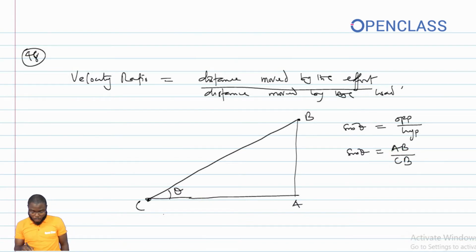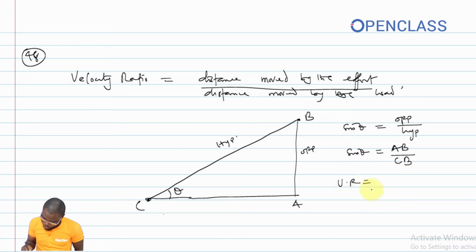This is the opposite, this is the hypotenuse. Now your velocity ratio here is distance moved by the effort, which is CB, divided by the distance moved by the load, which is AB.